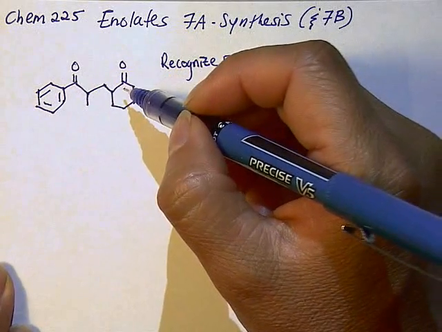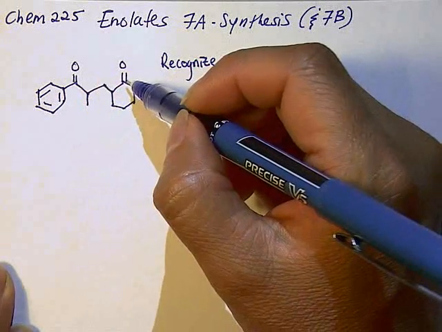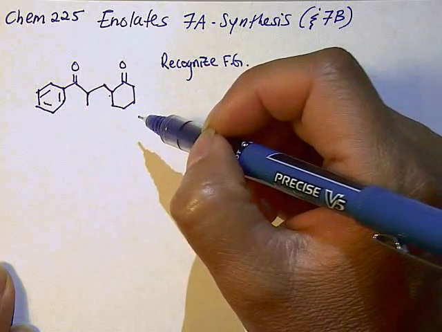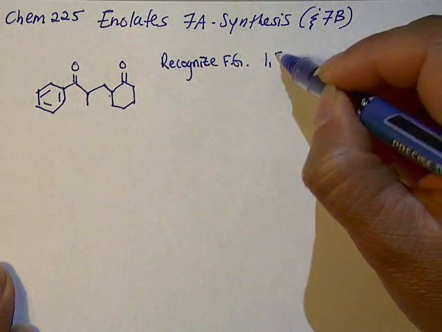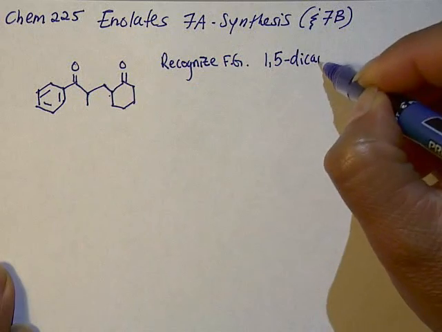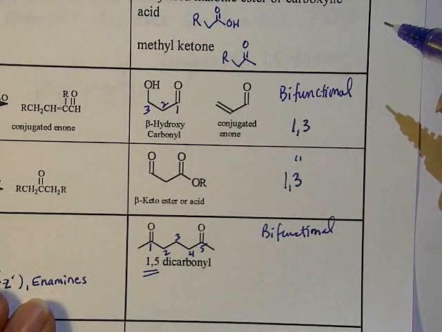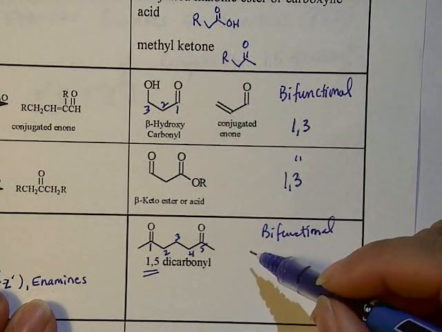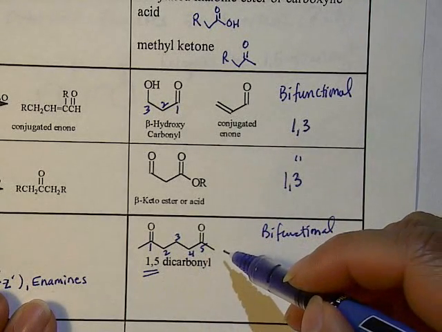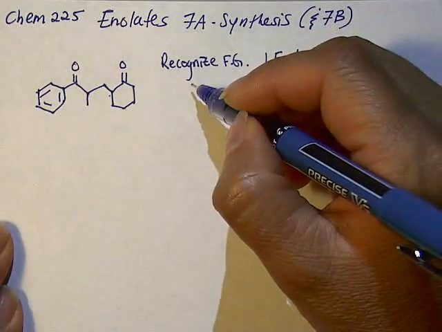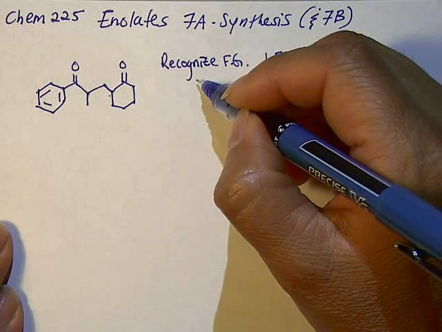So you've got two functional groups, and the relationship between these two carbonyls is 1, 2, 3, 4, we have 1,5 dicarbonyl. So in this sheet that you have, notice that 1,5 dicarbonyl is over here. That means we have to do a Michael reaction, right? So that's what you need to think about.